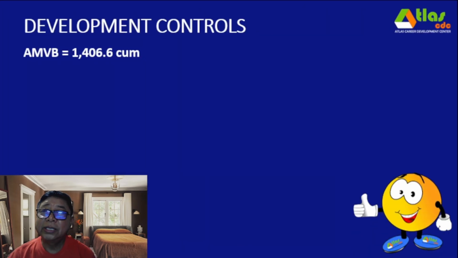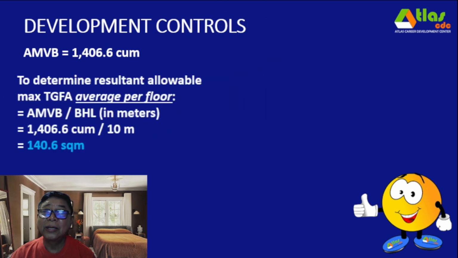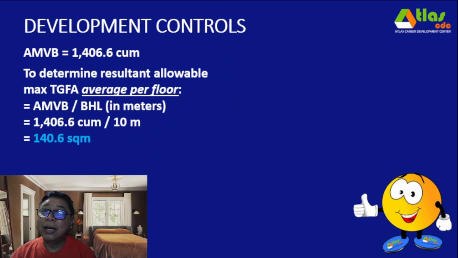First is to make use of our derived value of the AMVB, the final AMVB of 1,406.6 cubic meters. And then we derive the resultant allowable maximum TGFA average per floor.